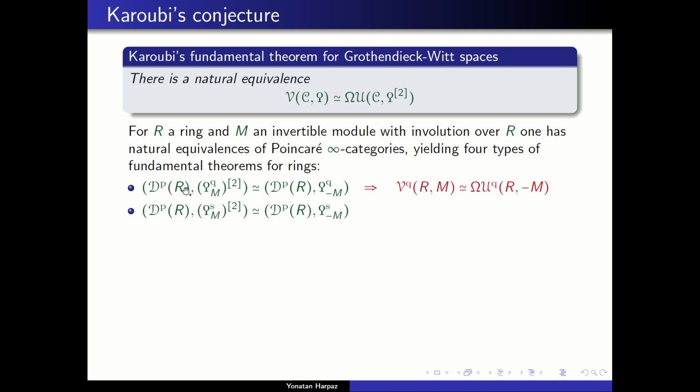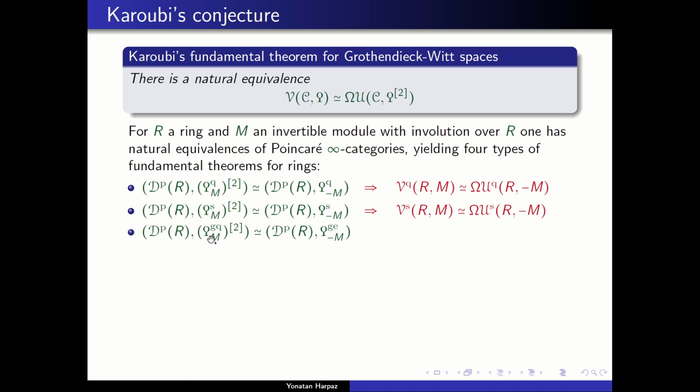If we fix the stable infinity category, these two quadratic functors are not the same quadratic functor, but there is an equivalence which on the underlying stable infinity category is given by suspension. And with that equivalence, these two quadratic functors coincide. And so here we get a version of Karoubi's fundamental theorem for the homotopy symmetric V theory and U theory.